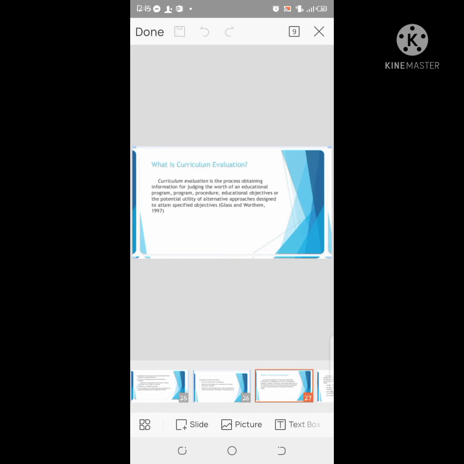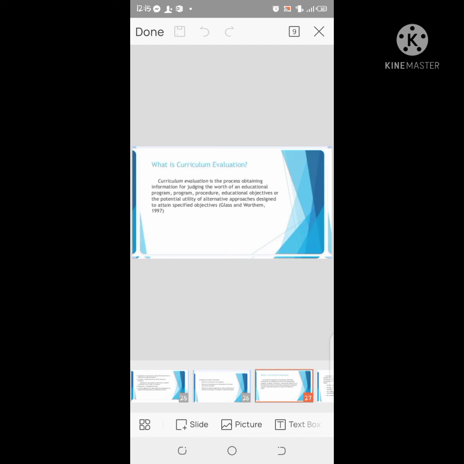Okay, so what is curriculum evaluation? Curriculum evaluation is the process of obtaining information for judging the worth of an educational program, procedure, educational objectives, or the potential utility of alternative approaches designed to attain specified objectives.